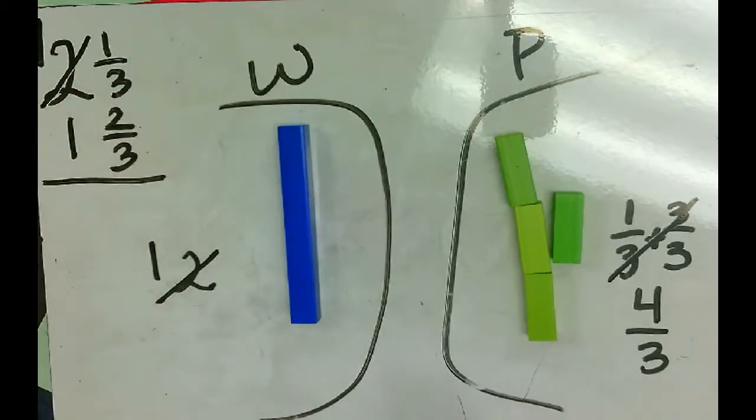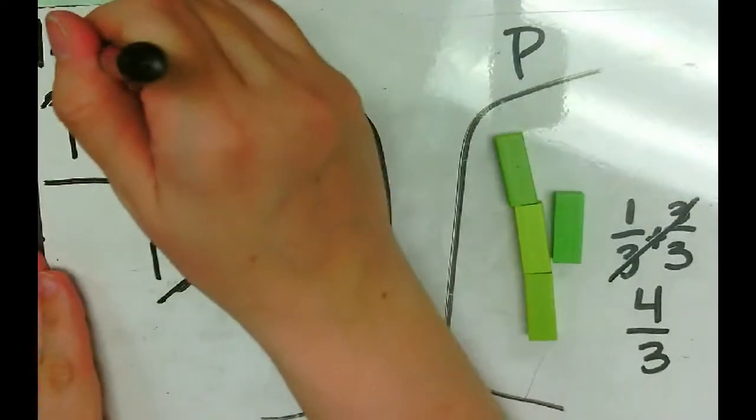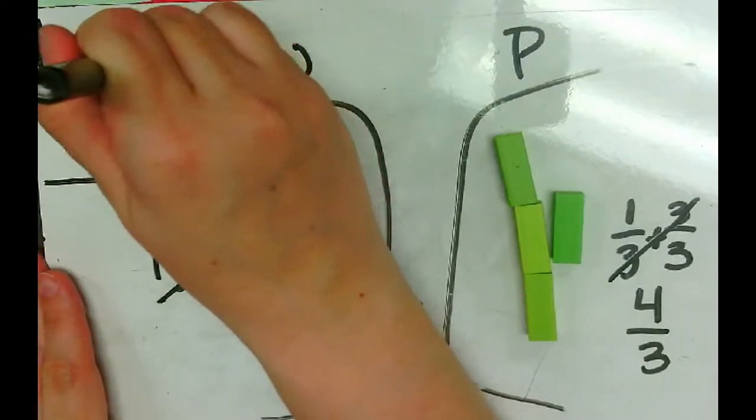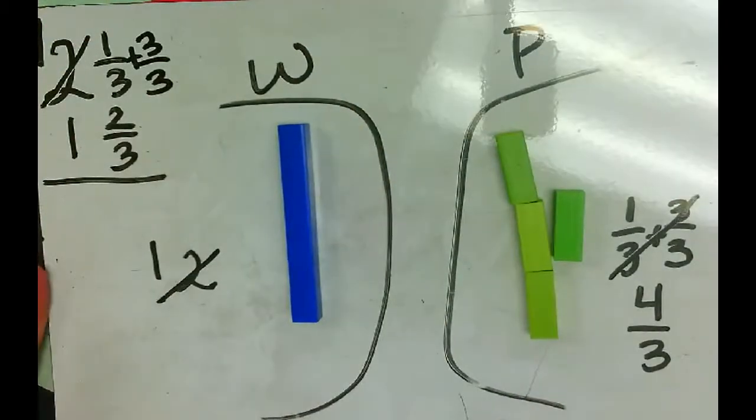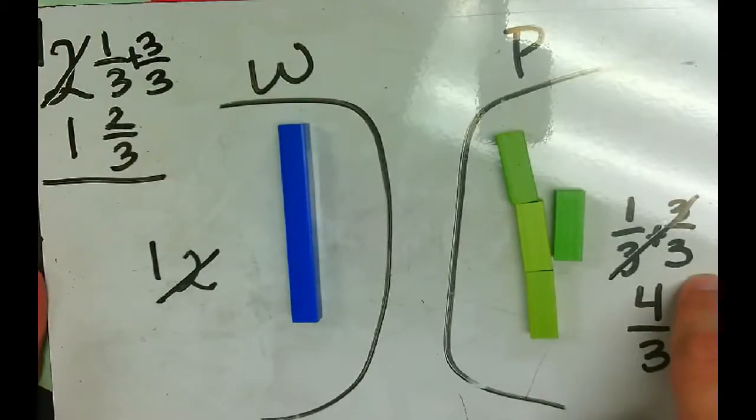No. How much did I just add when I borrowed that whole? 3/3. Why was it 3/3? Because it's 3 to make a whole. So I'm going to write plus 3/3, just like we did right here.